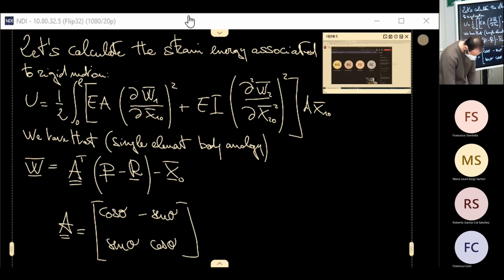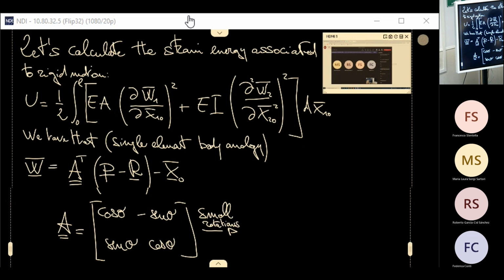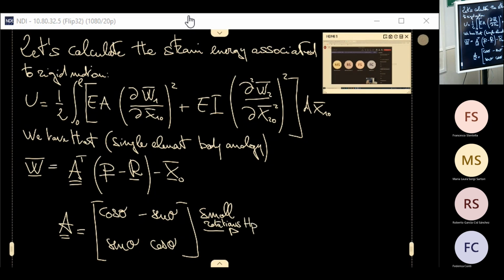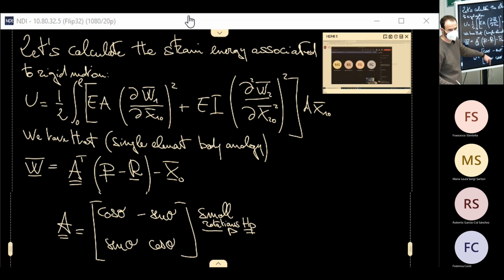If we do the hypothesis of small rotations, and again, make no mistake, here we are talking about the rotation induced by the deformation.